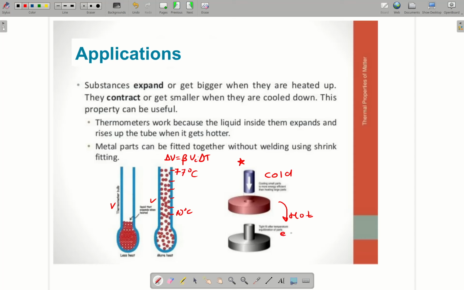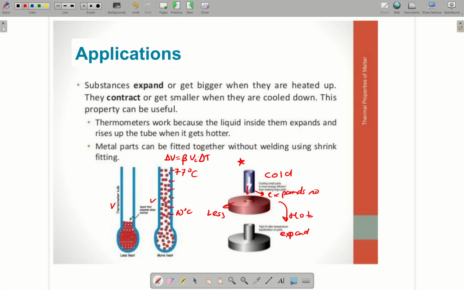Everybody expands in the hot region. But if what I put inside, so this part goes inside this part, expands more than what is outside, which expands less, they will stick together.